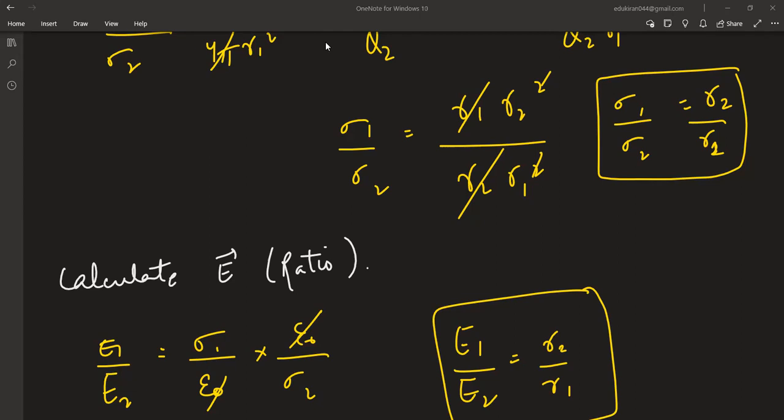The formula-based questions, like C equals epsilon naught A by D minus T, whenever a conductor is placed, are exactly the same. Especially the question above this one which we did is very important, because this type of question has come, I think, in AIEEE or somewhere. So practice that also.